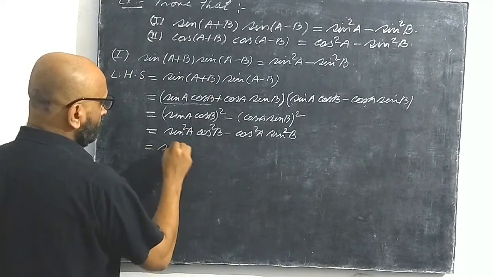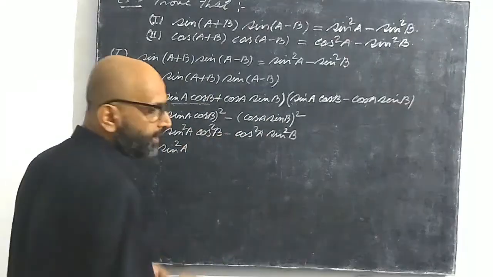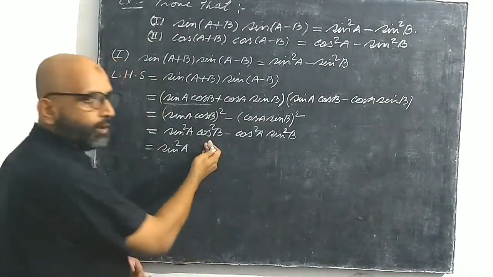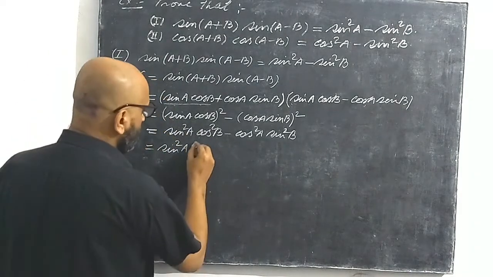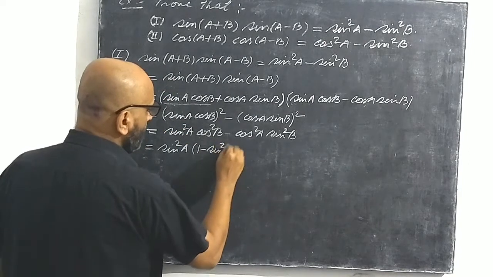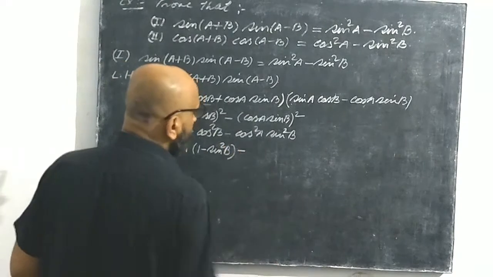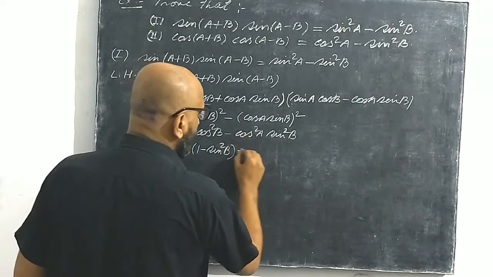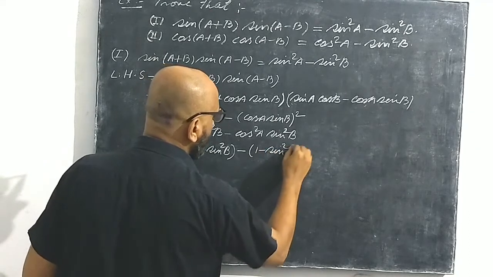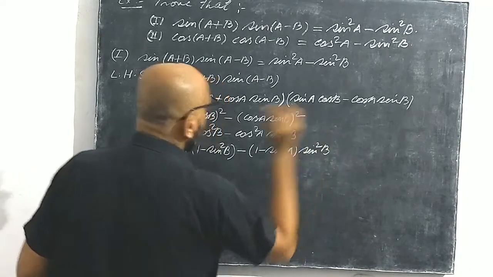Now the next step: sin square A is written as it is, and we know that cos square theta is equal to 1 minus sin square theta, so we may write cos square B as 1 minus sin square B. So 1 minus sin square B is written in place of cos square B. In the same way, cos square A may be written as 1 minus sin square A, and sin square B as it is.